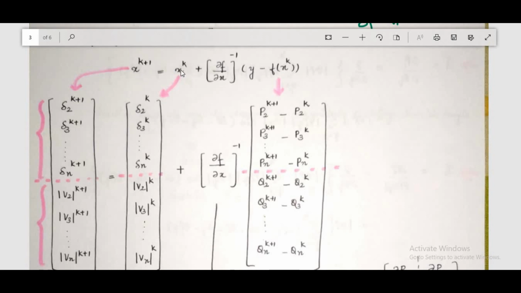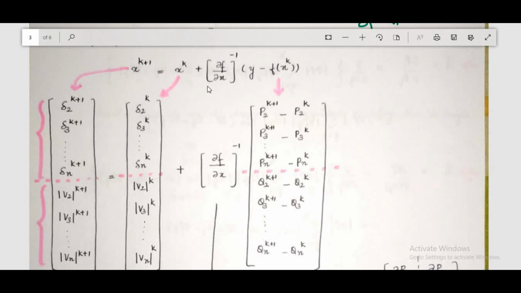Clear? Now, what is this x raised to k? If x raised to k plus 1 is this matrix, it is easy for us to write the x raised to k matrix, right? It was delta 2 raised to k plus 1, here it is delta 2 raised to k. Here it was delta 3 raised to k plus 1, then it will be here delta 3 raised to k. And like that is our next matrix.